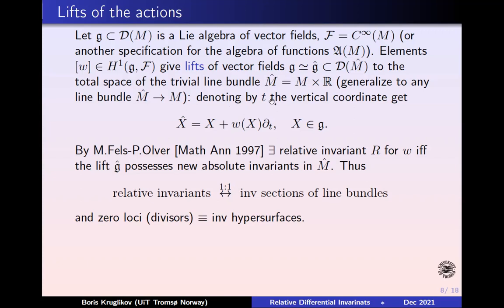Now, in the trivial or non-trivial case, when I just use a local coordinate t on the line bundle, this lift is the following: x hat is equal to x plus the weight evaluated on x times dt.